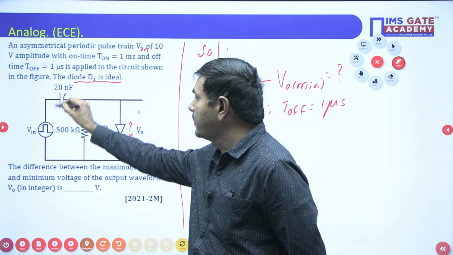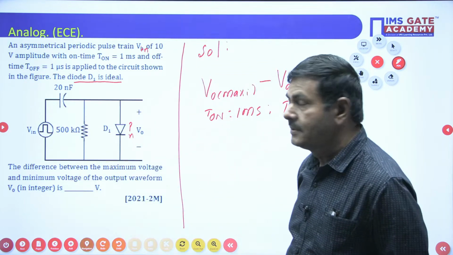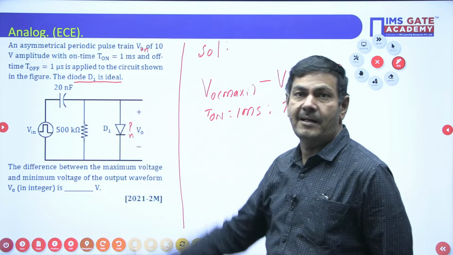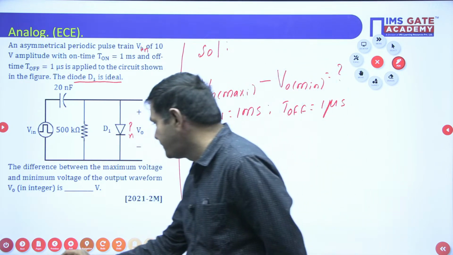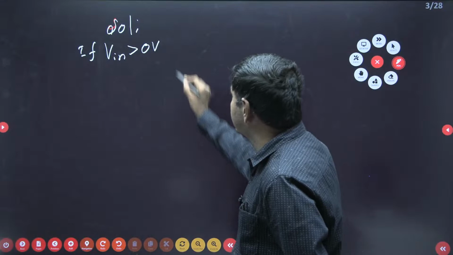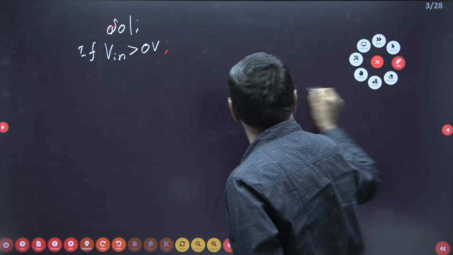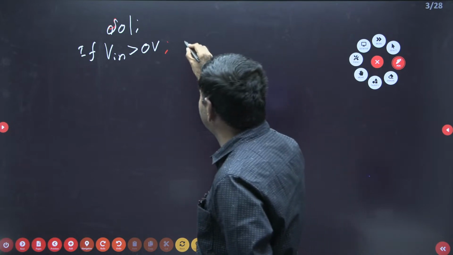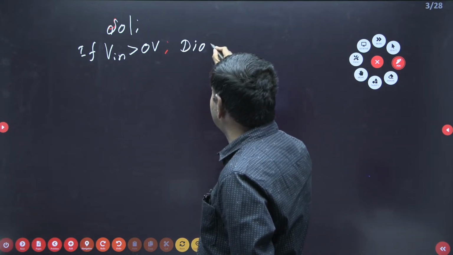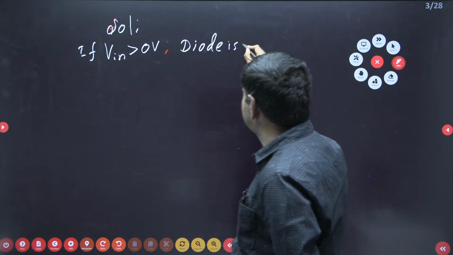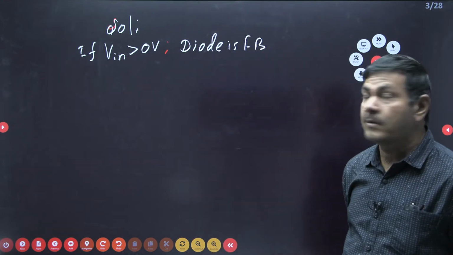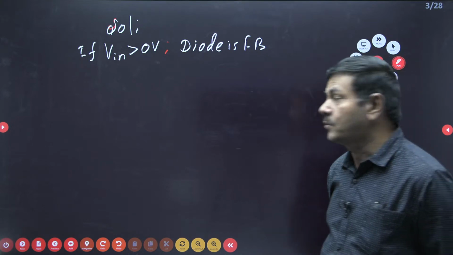P is connected to the positive potential and N to the negative potential. 100% this diode is forward biased. So we can write here, the diode is forward biased. If the diode is forward biased, it acts as a short circuit.